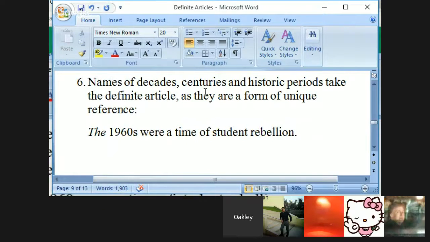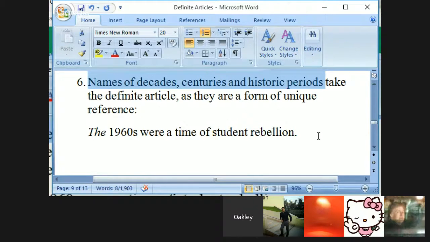Okay, Mustafa, can you give me another, whatever, centuries, historic periods, a short sentence with one of these? The medieval is the period between 1400 and 16... Okay, the medieval period.